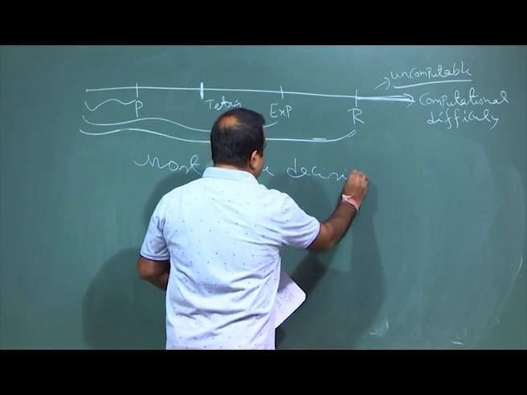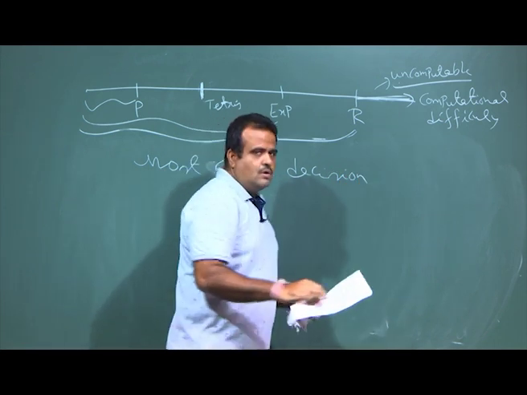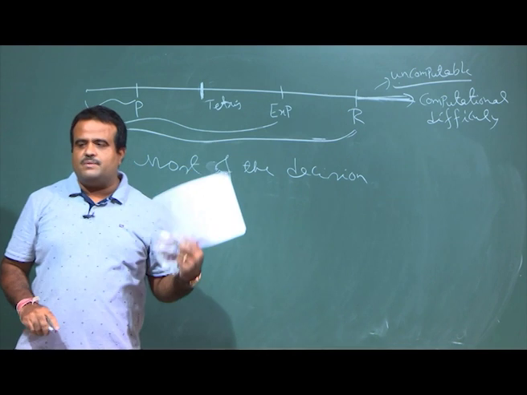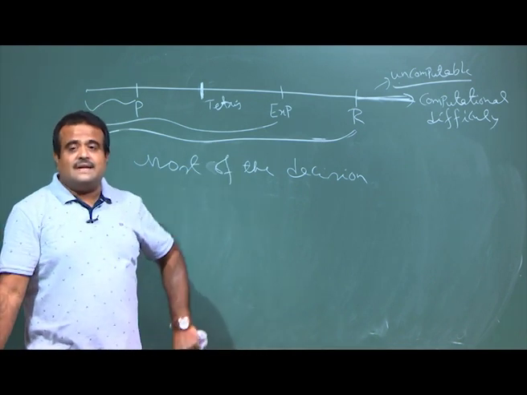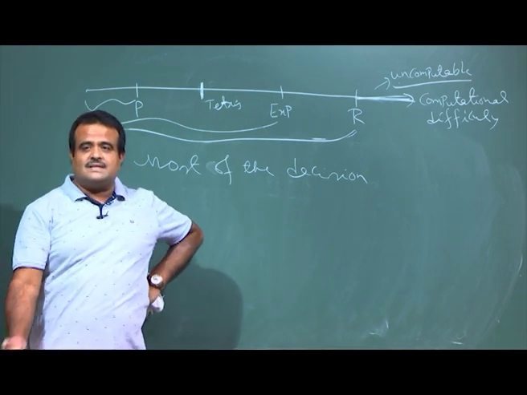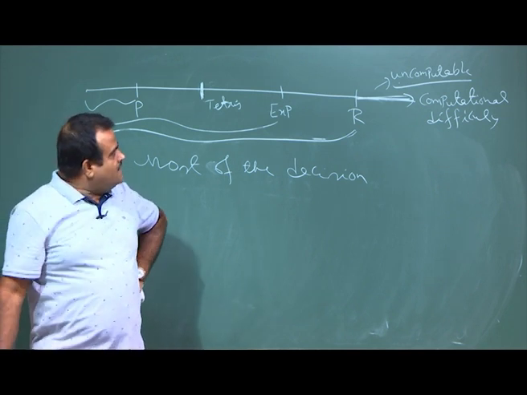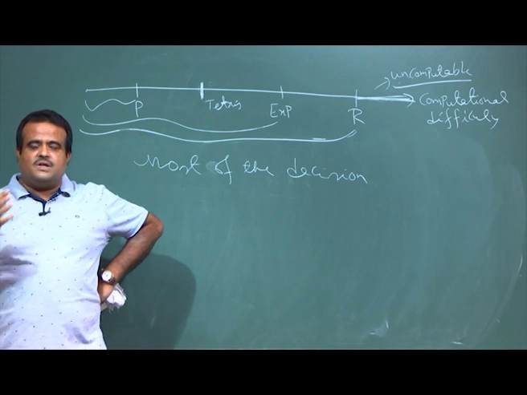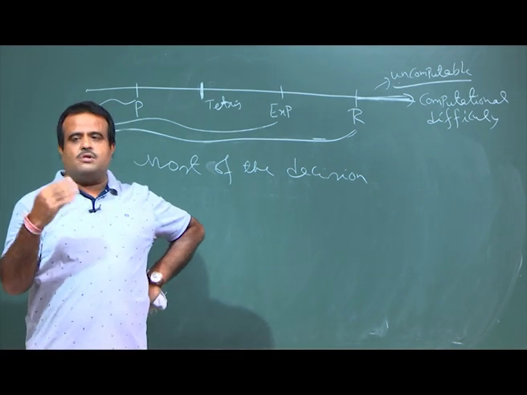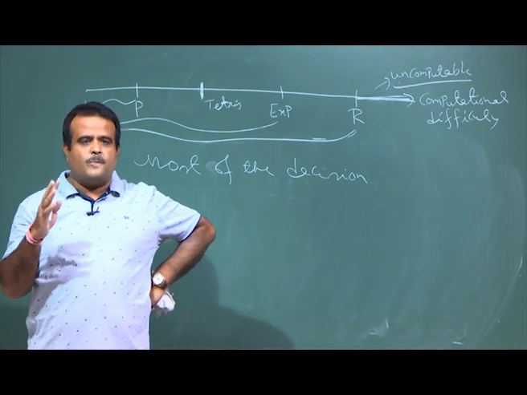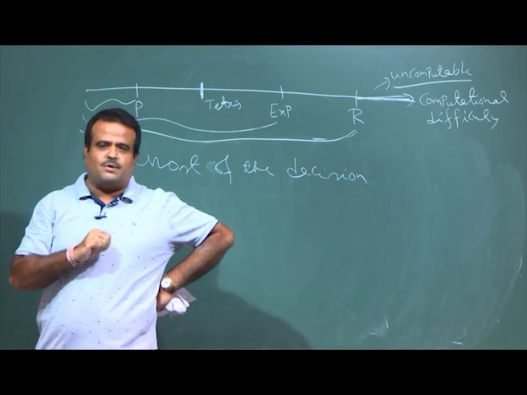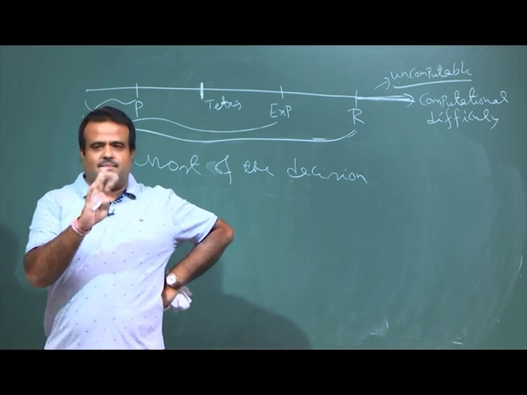Like the problem we discussed: is there any negative weight cycle? The answer is yes or no. So, this is a decision problem. Given a computer program, whether it will halt or not, yes or no. So, we have two answers, yes or no.